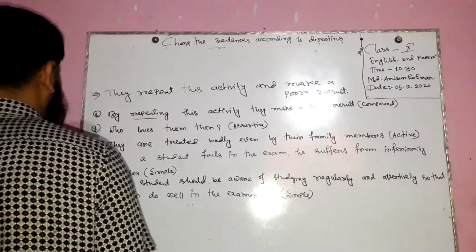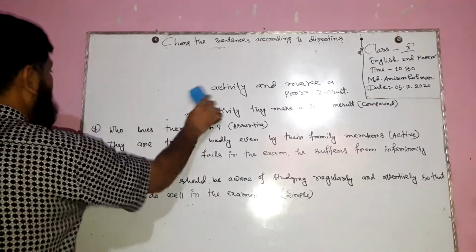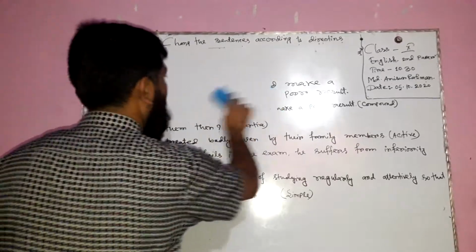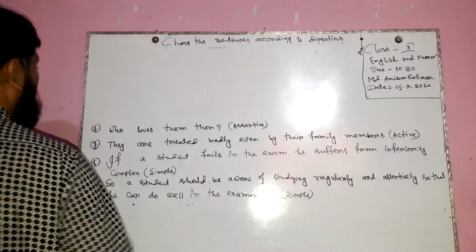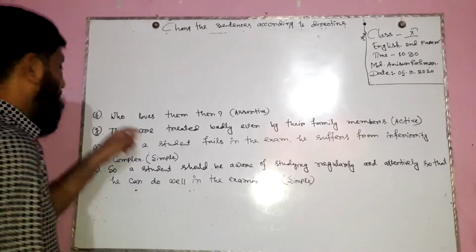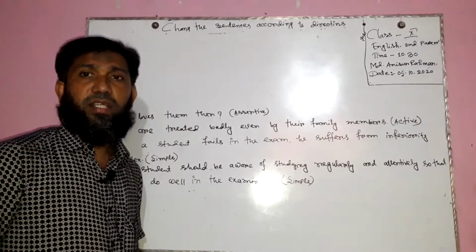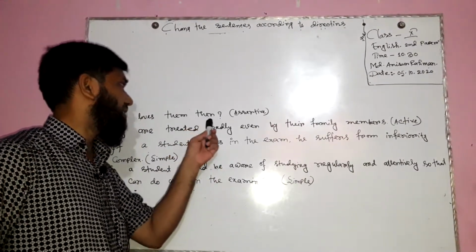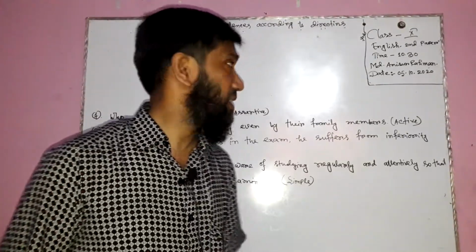Now number F. Who loves them? Who loves them? Assertive. Can anybody say which sentence this is? This given sentence is interrogative, and we need to turn this sentence into assertive.